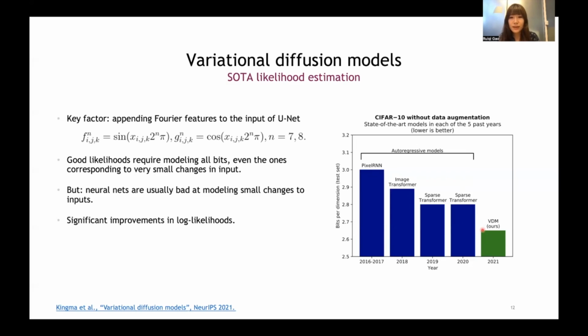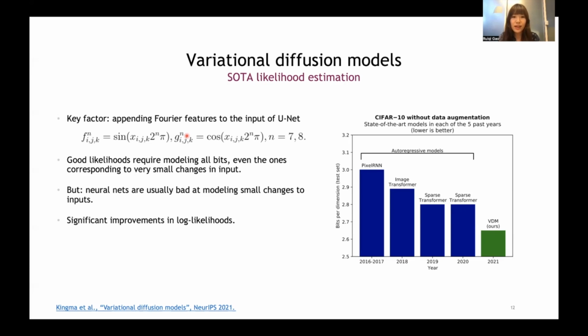And one key factor to make this happen is to add Fourier features to the input of the UNet. Those Fourier features can range from low frequency to very high frequencies. The hypothesis here is that to get good likelihood estimation, the model usually needs to model all the bits or all the details in the input signal, whether they are imperceptible or perceptible.